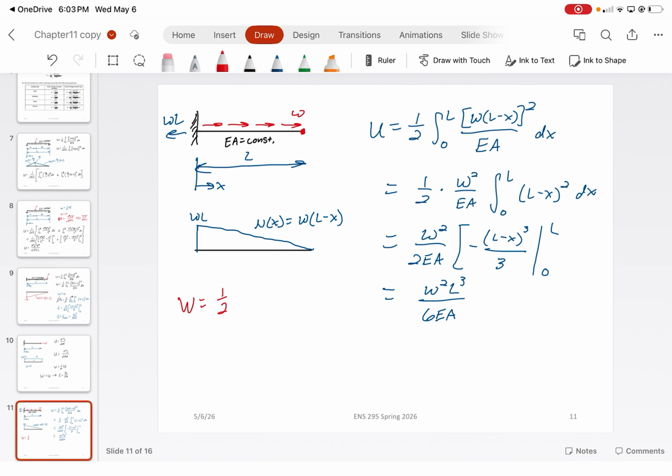What's the total force? Would it just be the area underneath that diagram? No, because the total force would just be WL. W times L, and then delta is just the deformation at the free end.